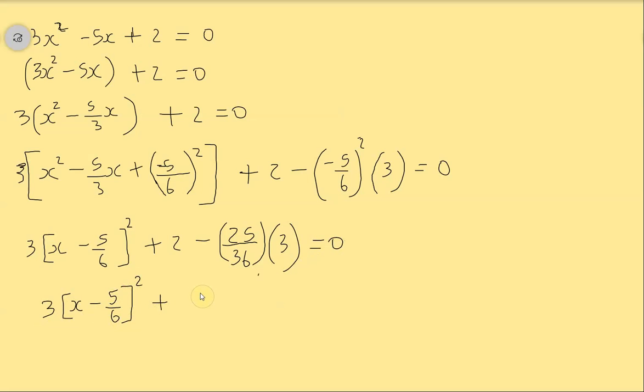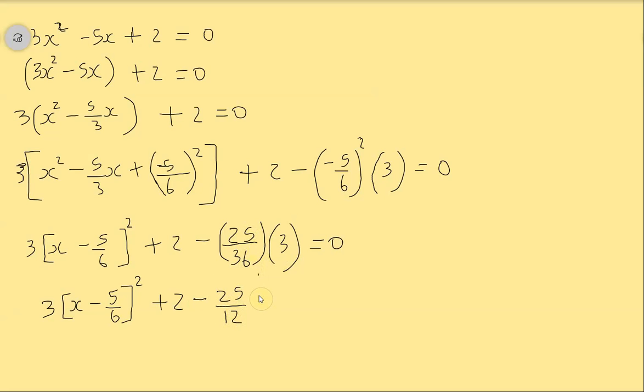Now, I won't be doing too much of these. I would make the video really drawn out, but I made sure to cover one where the coefficient is 1 and one where the coefficient isn't 1. Now when you multiply these two terms, 25 over 36, you would get 25 upon 12.